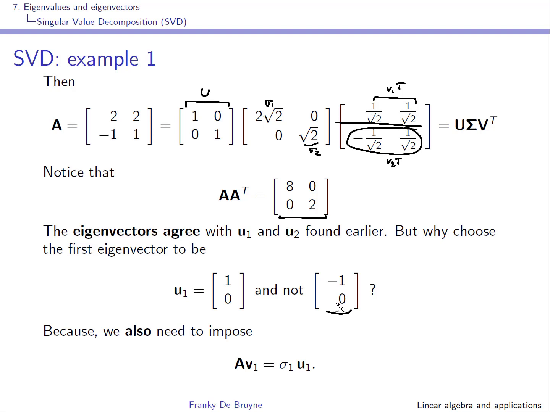Remember that if v is an eigenvector, then kv is also an eigenvector. So why not choose this one? Simply because we have to impose this relation over here. And then we see that this case is not possible. So here we have our decomposition U sigma V transpose for this particular 2 by 2 matrix.